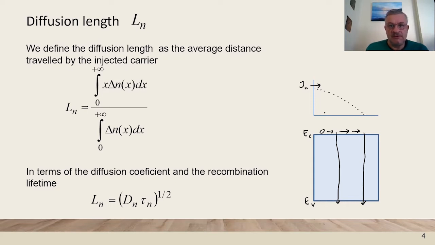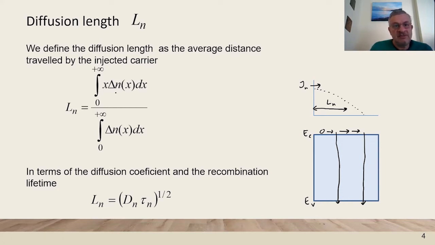Now, this is the problem of diffusion recombination, and then it's interesting to find which is the characteristic distance that the carriers can move before they disappear by recombination, and this is called the diffusion length.